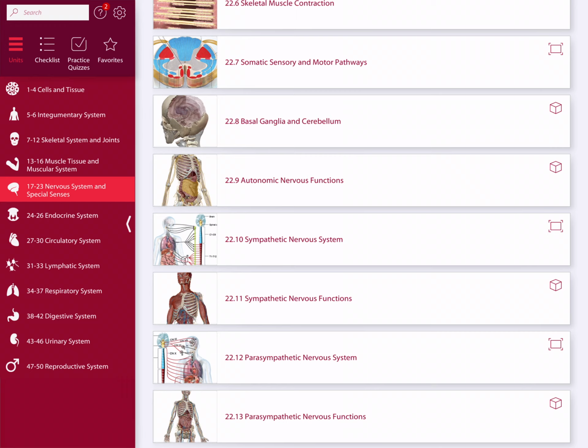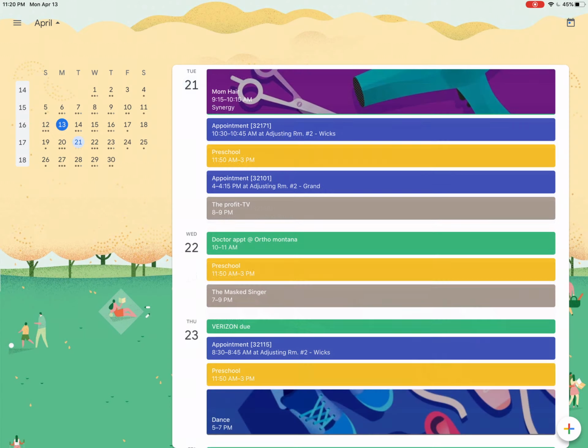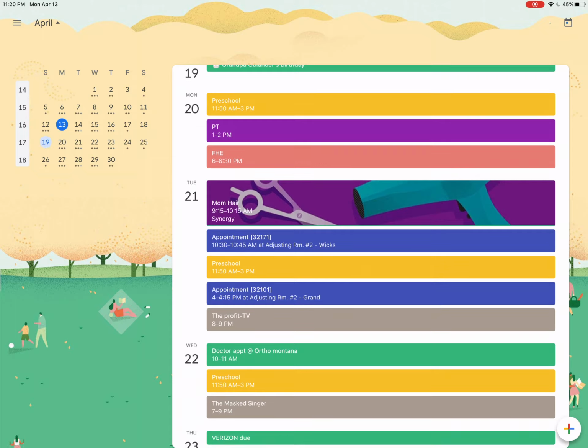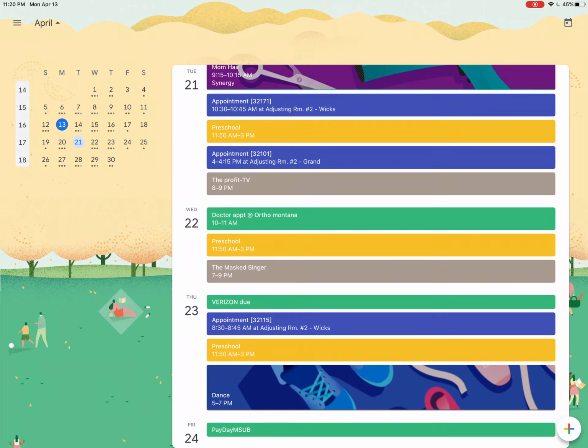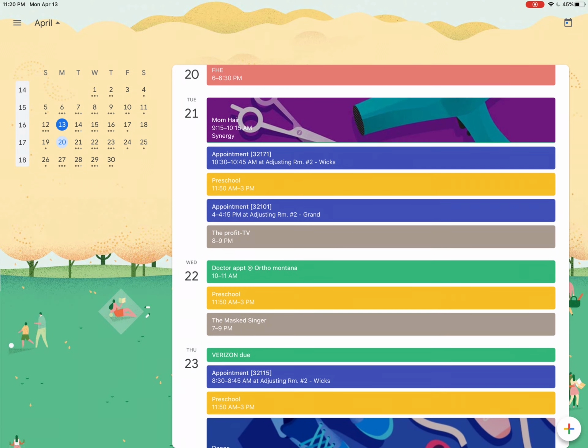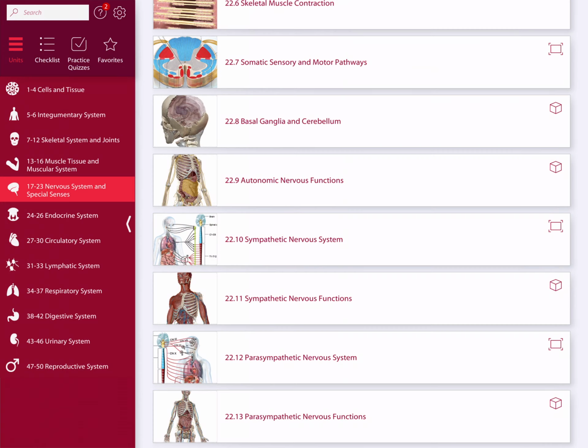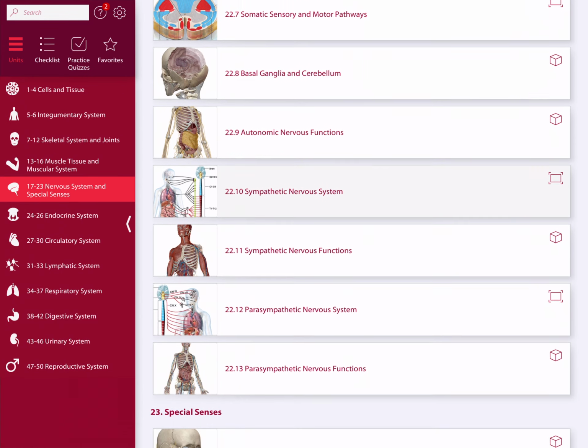And then our final will be 1 week from Tuesday, which would put us at, let's take a look at the calendar here, the 21st. So on the 21st, we will have our final exam.